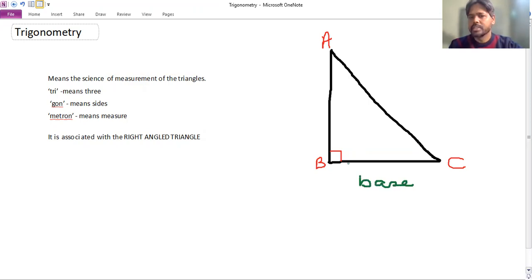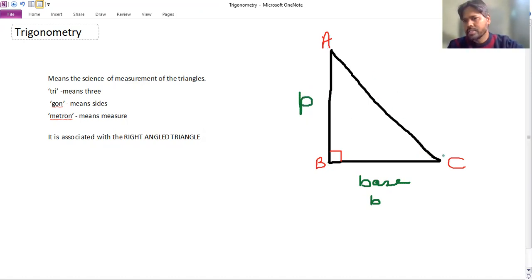This is the side called the base, or it can also be called the adjacent if we are talking about the angle C. And the line which makes the angle 90 degrees onto the base is known as the perpendicular. The base is denoted by B, and the perpendicular is denoted by small p.